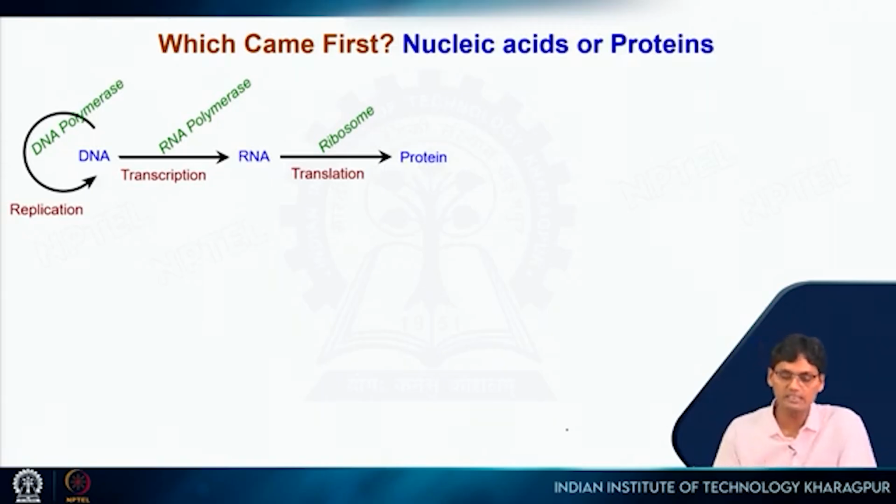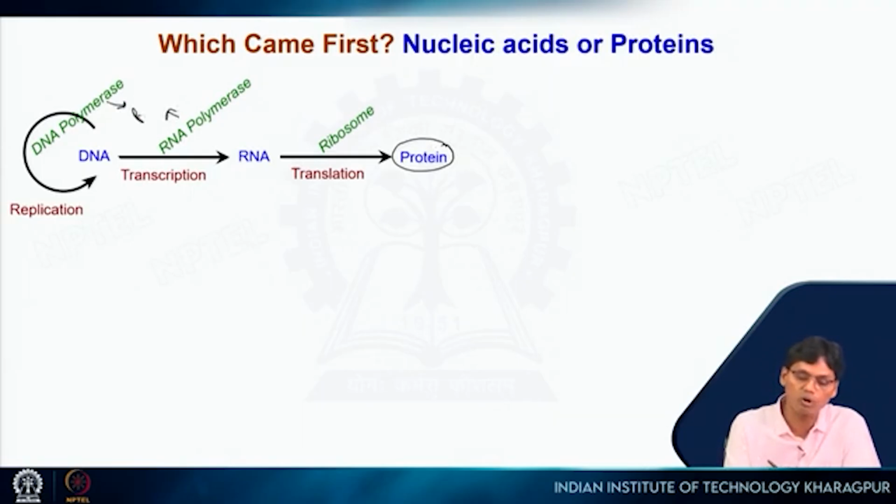But now the question is, if you see this central dogma here, protein we are basically getting at the end. This is the last step of this central dogma. But before that, we need to replicate our DNA, and then we have to make the RNA through RNA polymerase. But DNA polymerase and RNA polymerase are all proteins, right? They are enzymes, but basically protein enzymes.